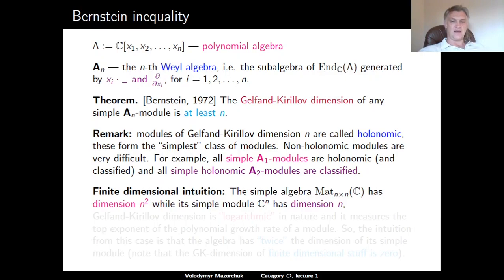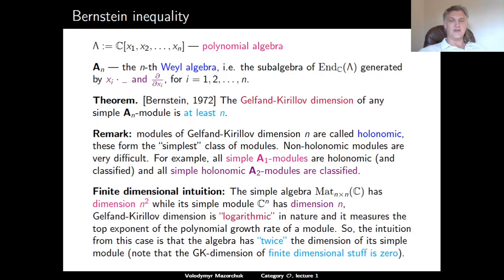To make a parallel with a finite dimensional intuition, the simple algebra of n times n complex matrices has dimension n squared, while its simple module Cn has dimension n. Gelfand-Kirillov dimension is logarithmic in nature. It describes the degree of the polynomial.